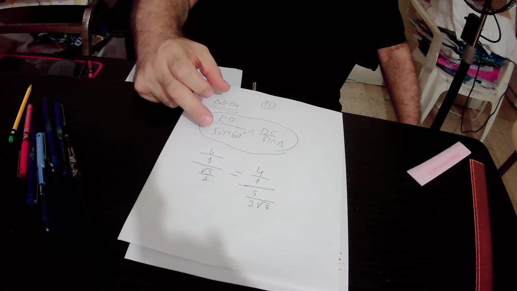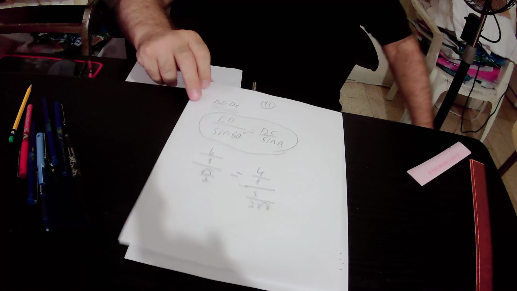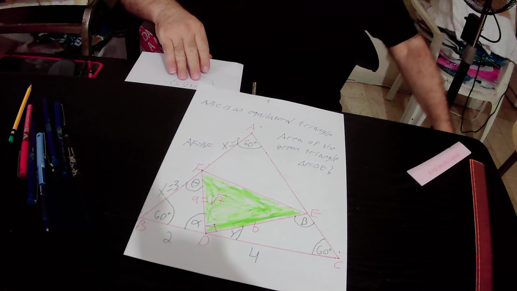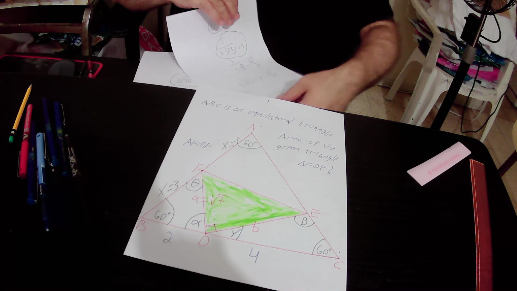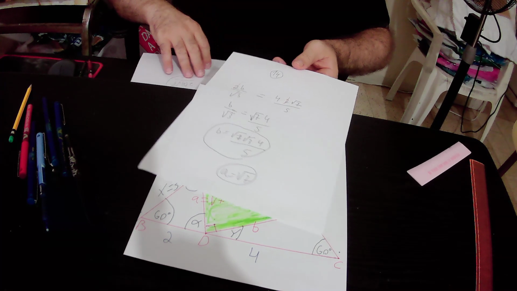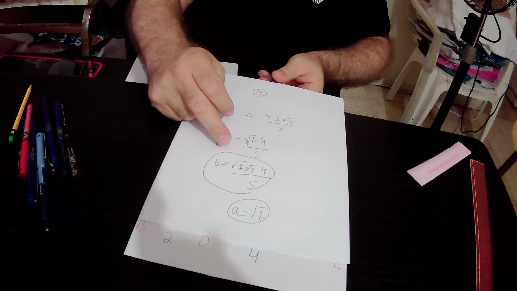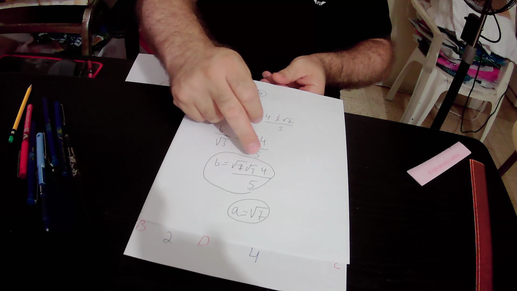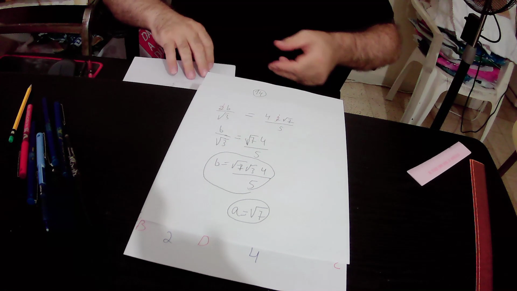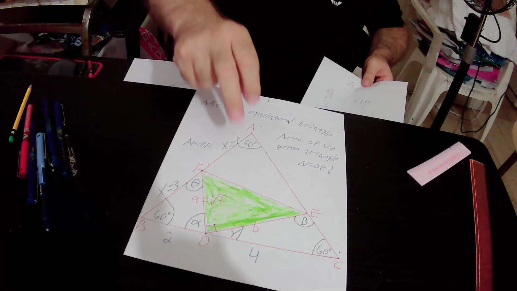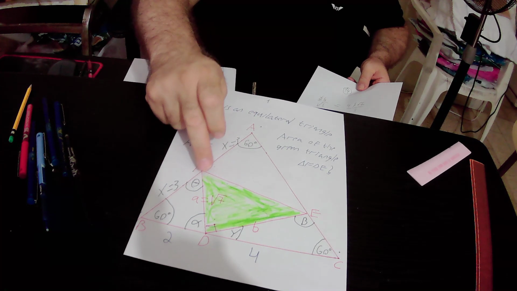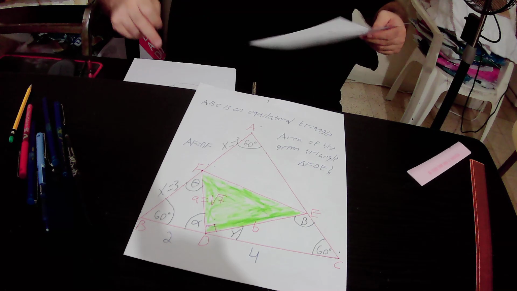So we solved this simple equality and found that the value of B is root 7 times root 3 times 4 over 5. And we have already found the value of A. A equals root 7.